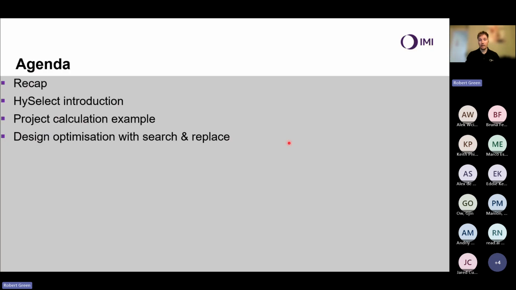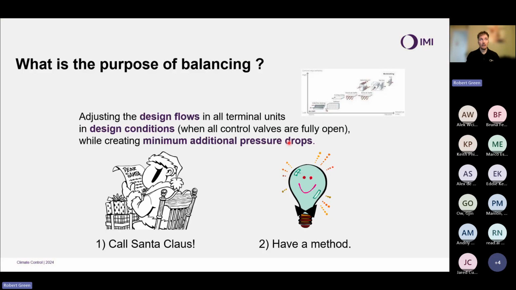So let's start with a little bit of a recap on what we covered in the previous sessions. The very first 2 sessions, I think back in maybe October or November last year from memory, we talked all about balancing. With balancing, we were talking about adjusting design flows to terminal units under design conditions when all of my control valves are fully open.